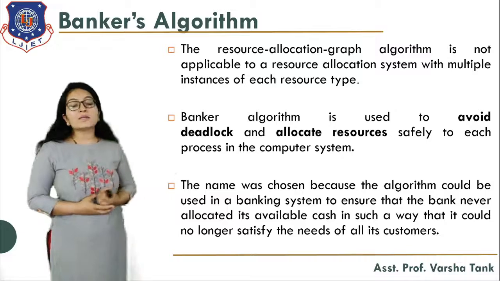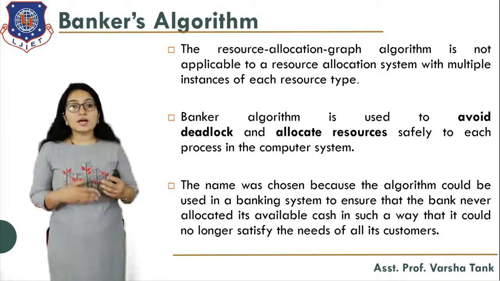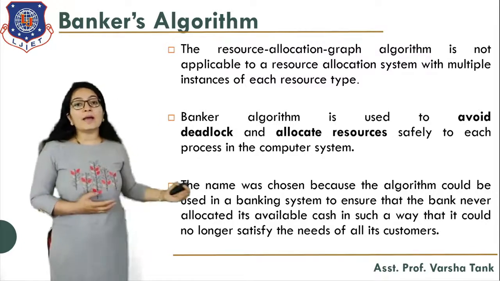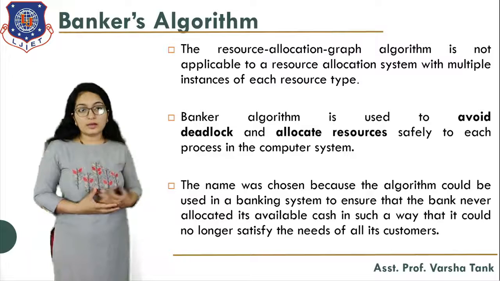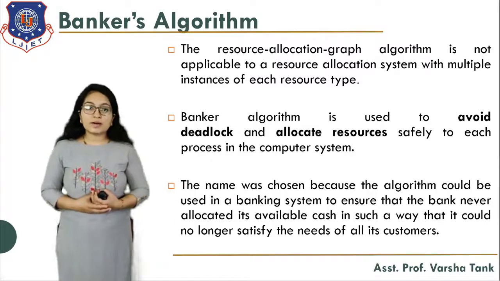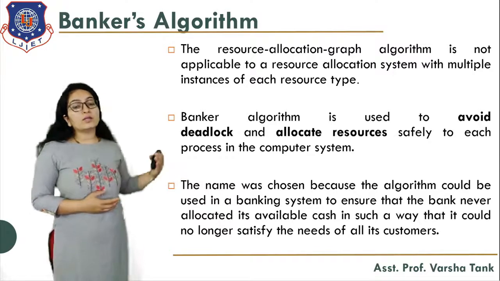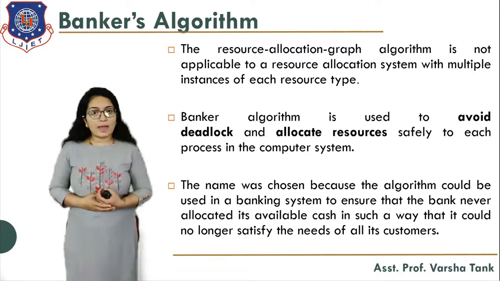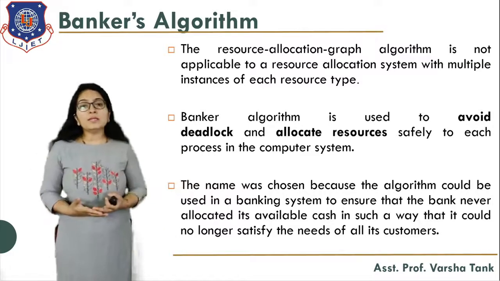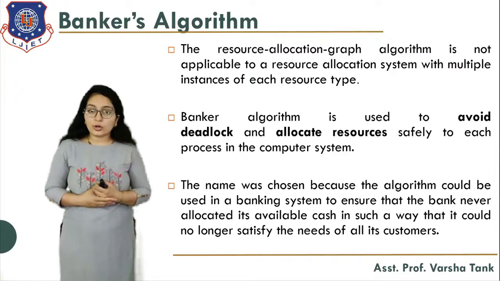Now, why is the name the banker's algorithm? The name was chosen because the algorithm could be used in the banking system to ensure that the bank never allocates the available cash in such a way that it could no longer satisfy the needs of all its customers. So when we demand a loan from the bank, what will the bank do? The bank will see whether the amount the customer is demanding is available with the bank or not.